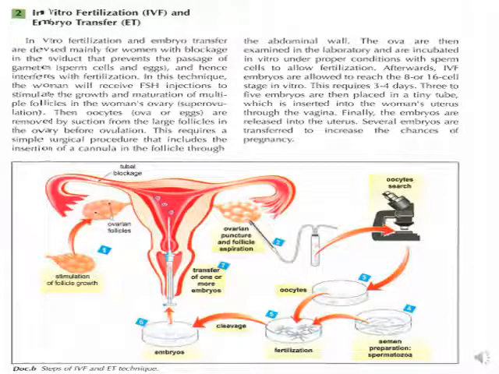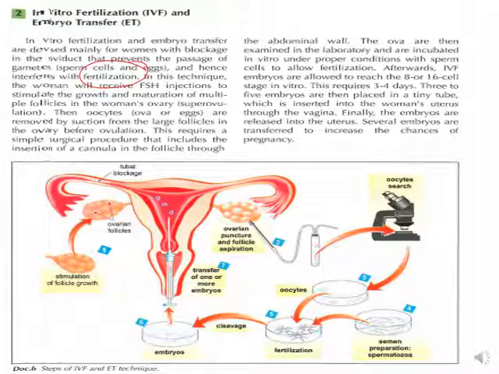IVF and ET, in vitro fertilization and embryo transfer, are devised mainly for women with a blockage inside the oviduct that prevents the passage of the gametes, sperm cells and eggs, and hence interferes with fertilization.